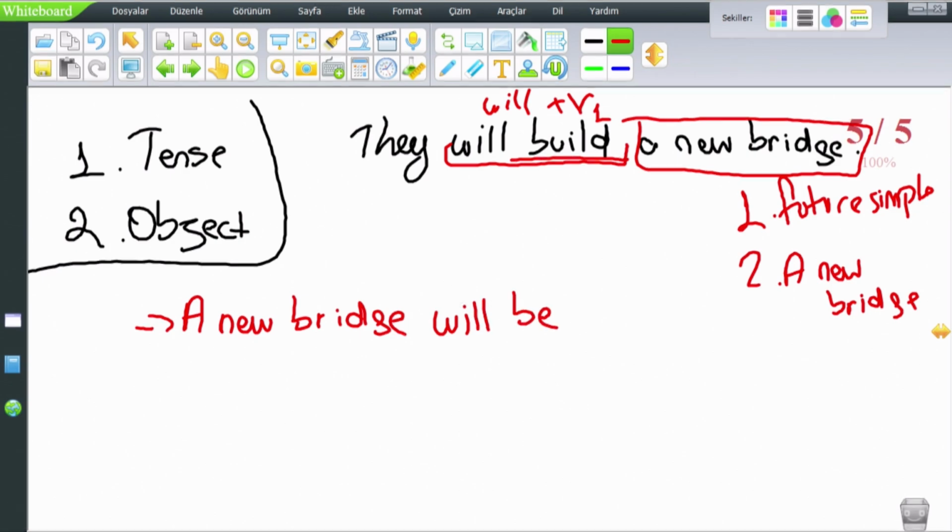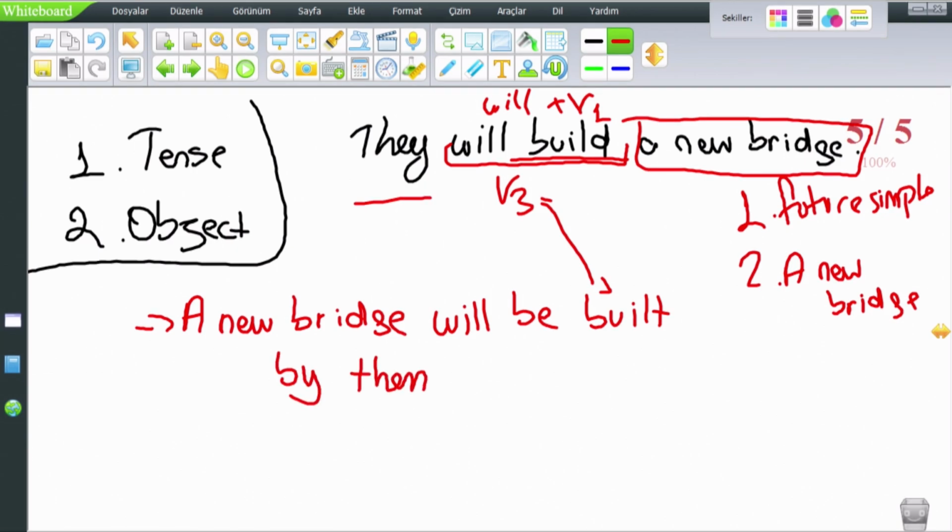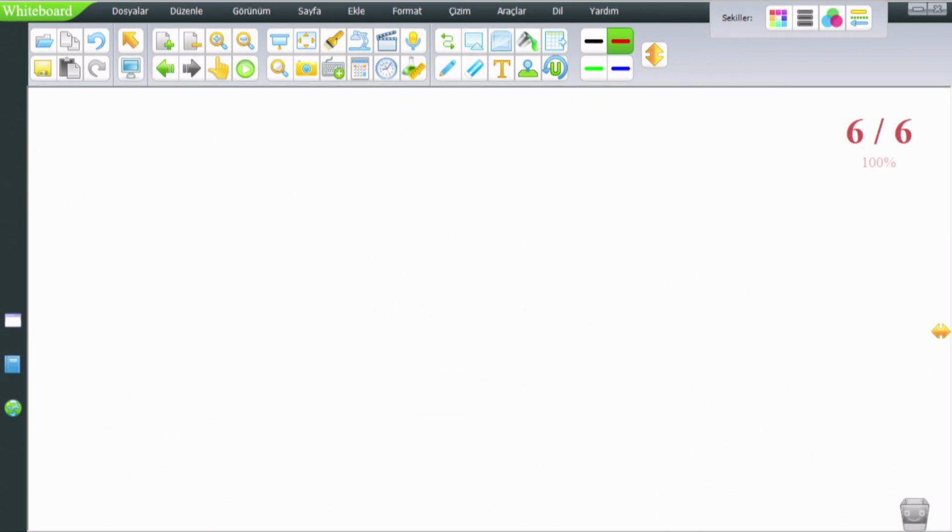Build is an irregular verb, and the verb 3 form is builds. And if I want to add the information of who will do this action, I can say by them. The important thing is we use subject pronoun here, but if I'm talking about a pronoun after by, I have to use the object form. Okay.